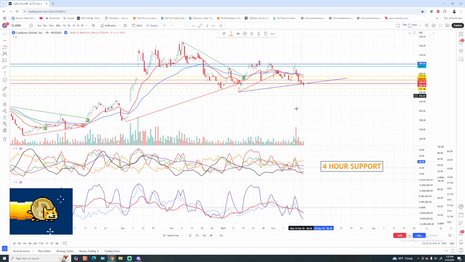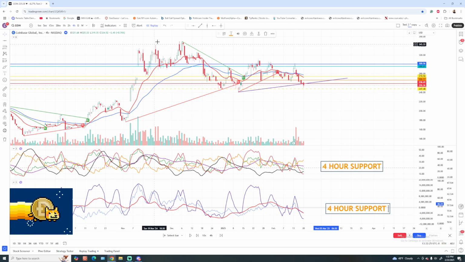That's the 4 hour support yellow, and this is support. And that's the red one. So that's the yellow orange line, and this is the red line.